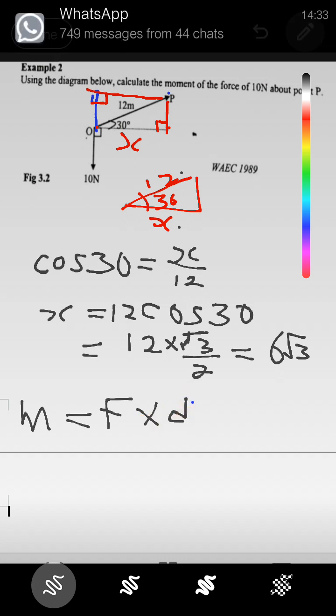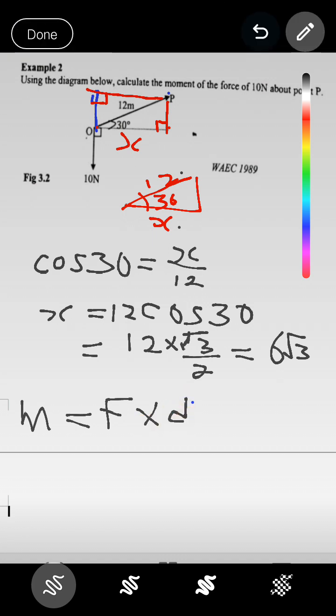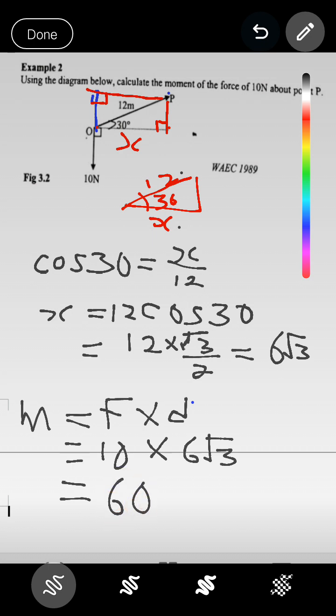So the perpendicular distance is the x we have calculated, which gives us force of 10 Newton times 6 root 3. And that gives 60 root 3. So 60 root 3, that is the answer.